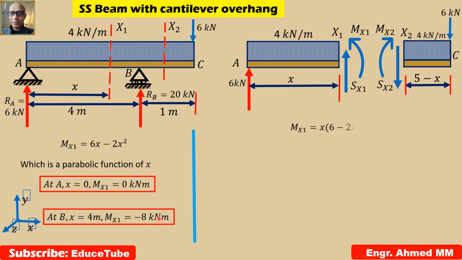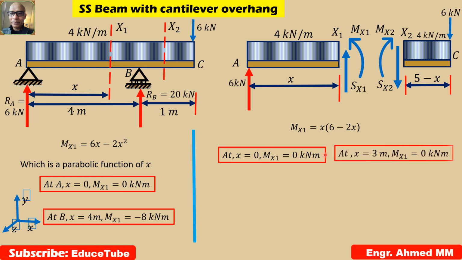Now this equation we can write this way also, taking x as a factor: x into 6 minus 2x. It has some benefits. What is that? So easily we can say if x equal to 0, moment will be 0, or if this equals 0, moment will be 0. So this is the first boundary condition.